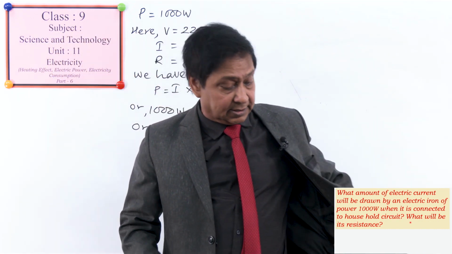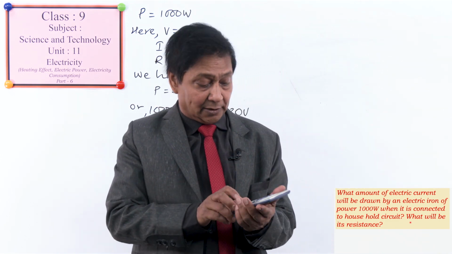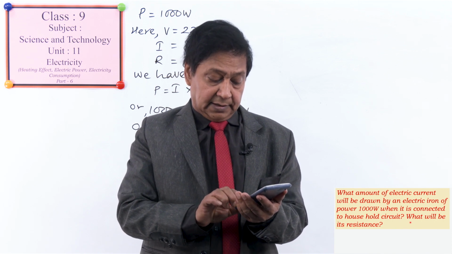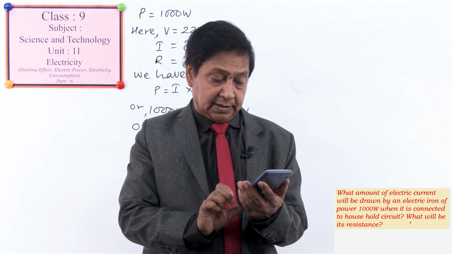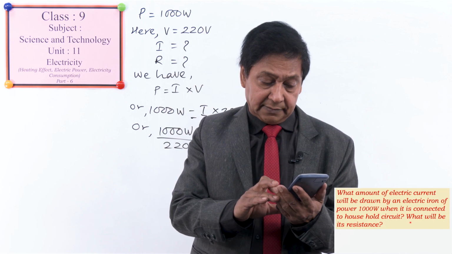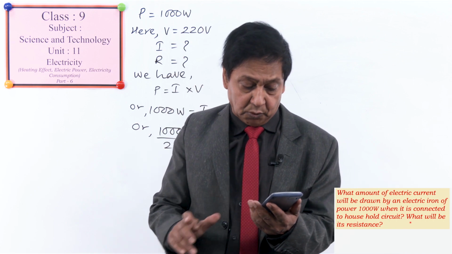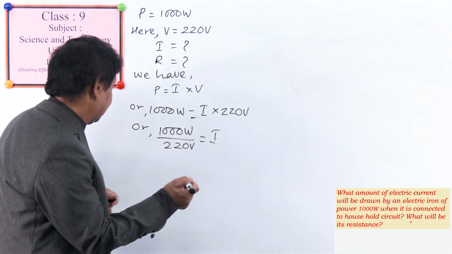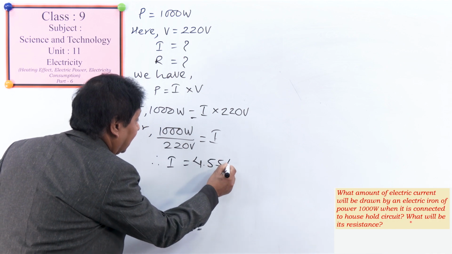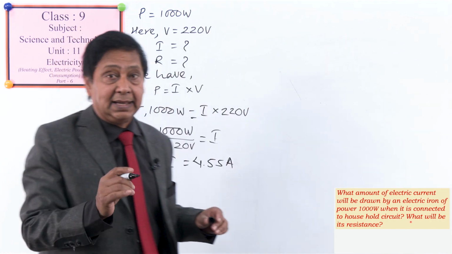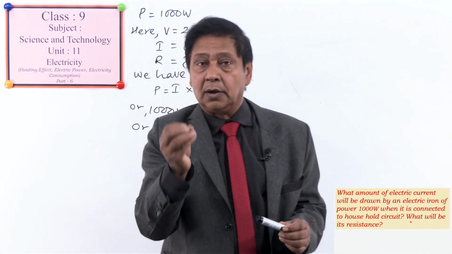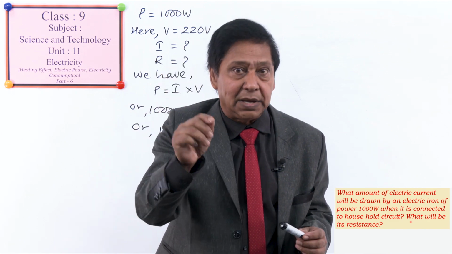I'm going to divide this using a calculator. 1000 divided by 220 is equal to 4.5454, which means 4.55. Therefore, I is equal to 4.55 ampere. When a 1000 watt heater is connected in a household circuit, then according to this calculation, it draws 4.55 ampere current.